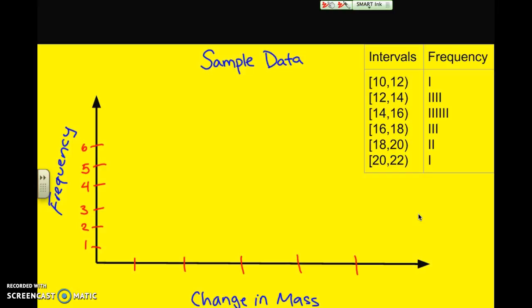All right, then we start writing it down. So this interval, this bin, is 10 to 12. This bin is 12 to 14, and so on.